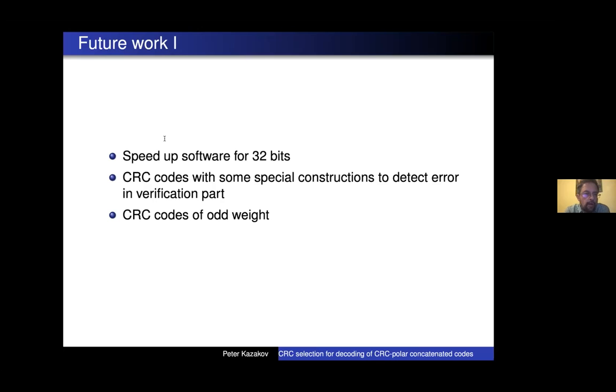And one case, it could sound obscure, but there are some CRC codes of odd weight that are performing quite well in certain intervals. We'll be quite happy if we find a way to describe these codes.